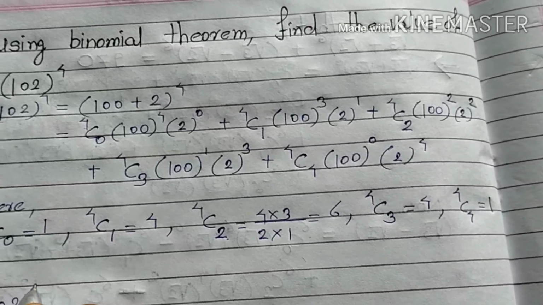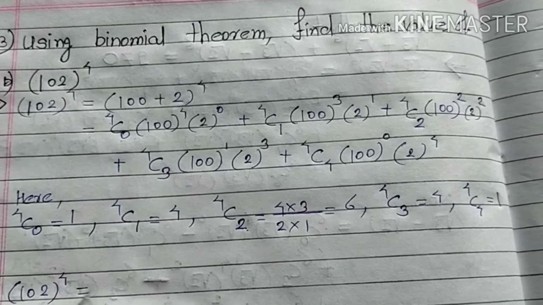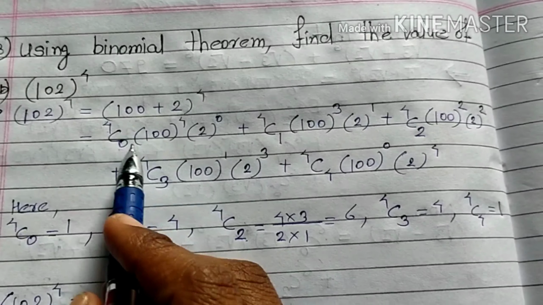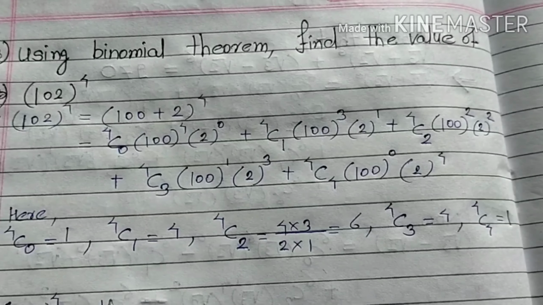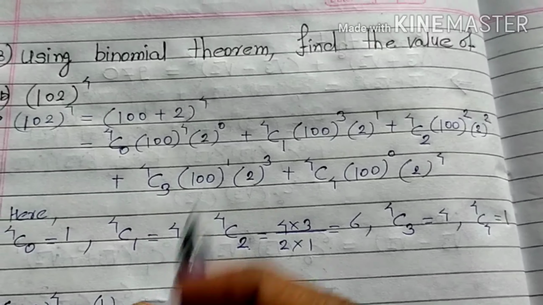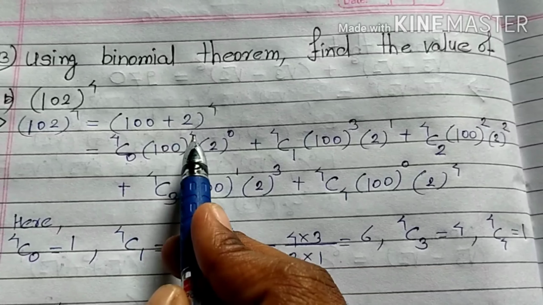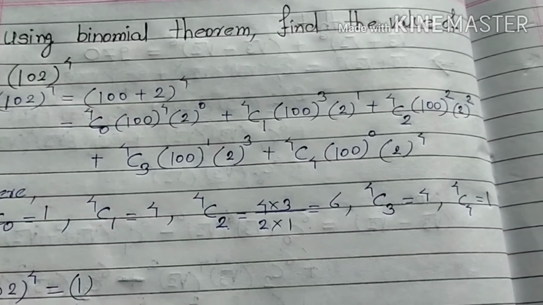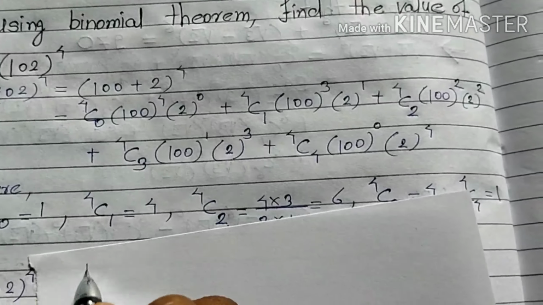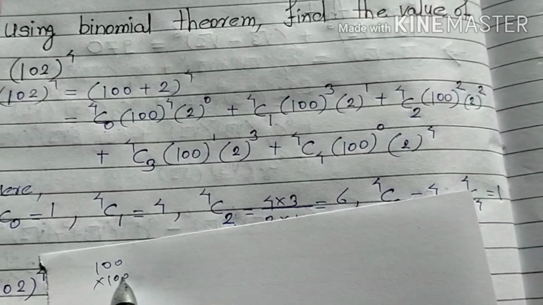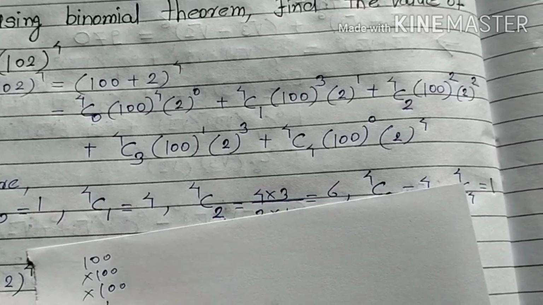102 raised to 4 is equal to, now 4C0 is 1 and 100 raised to 4. So here you can multiply 100 into 100 into 100 into 100.